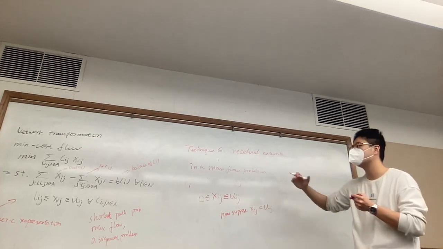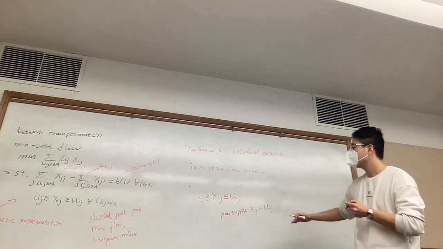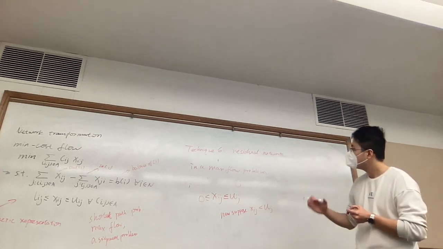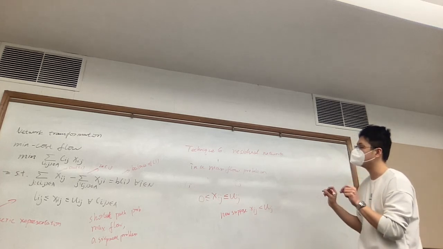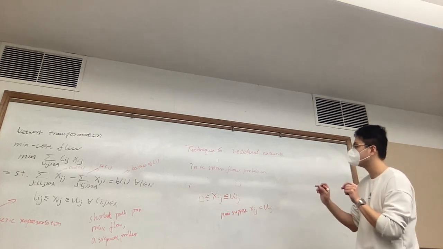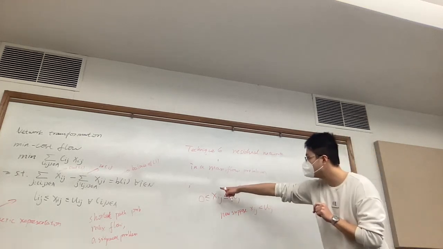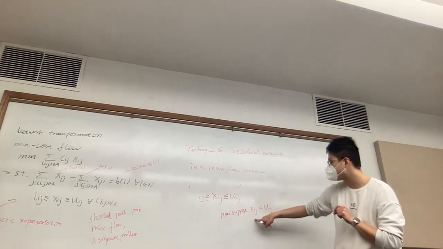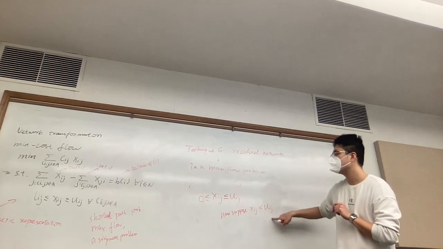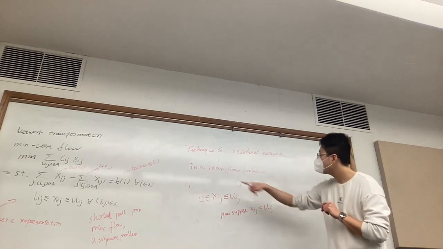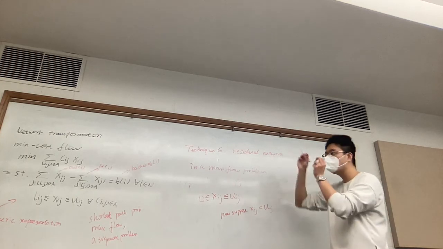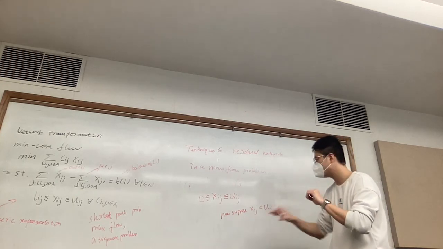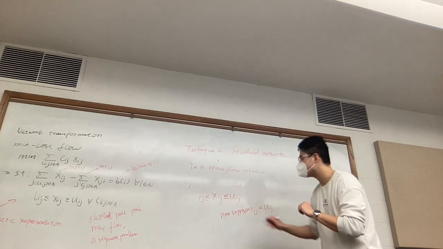This is what the max flow algorithm does. And now, in the process of the max flow algorithm, if we want to increase the flow in the network, how do we deal with this case such that Xij is less than Uij? This means that for the arc ij, you can still add some flow on it. Or you can also decrease the flow on it because Xij, say it is greater than 0.